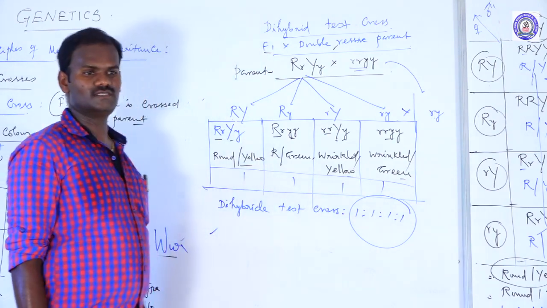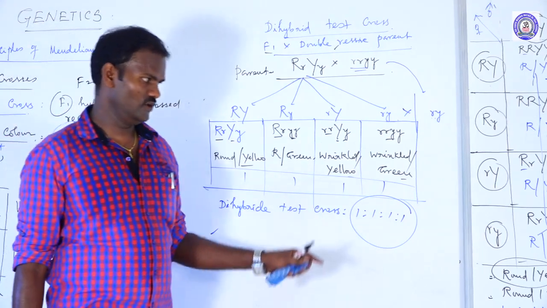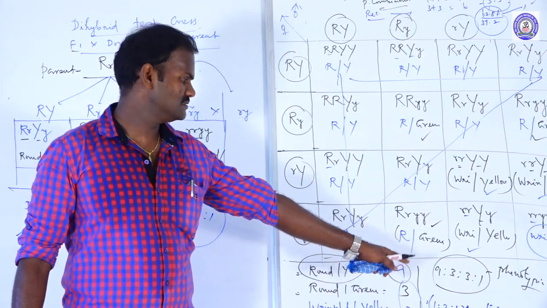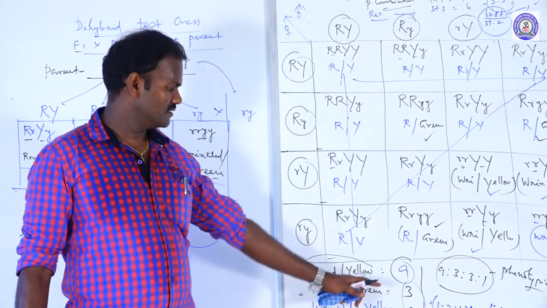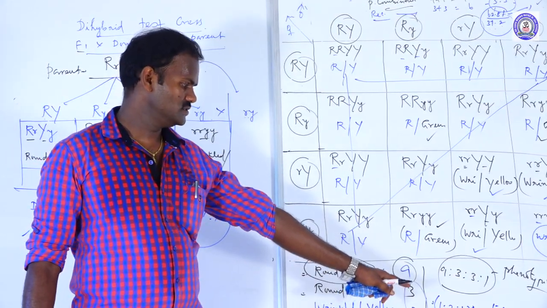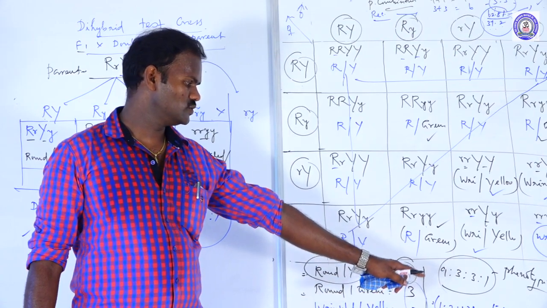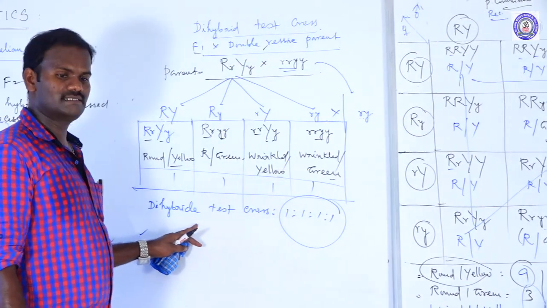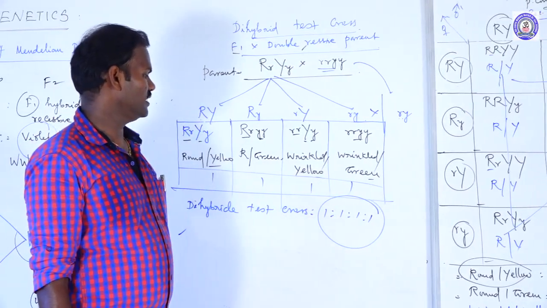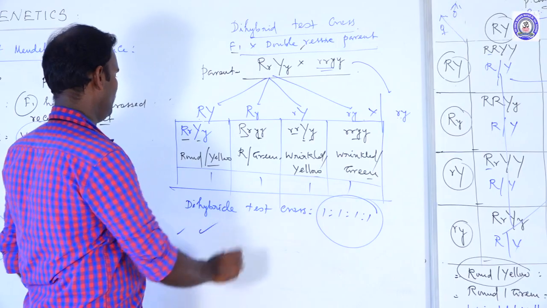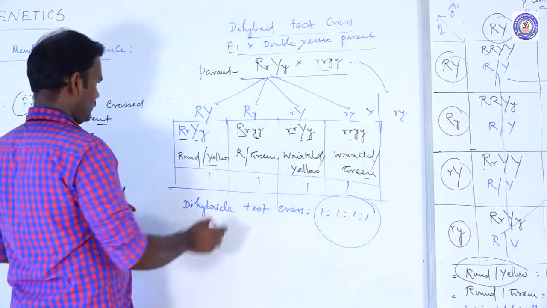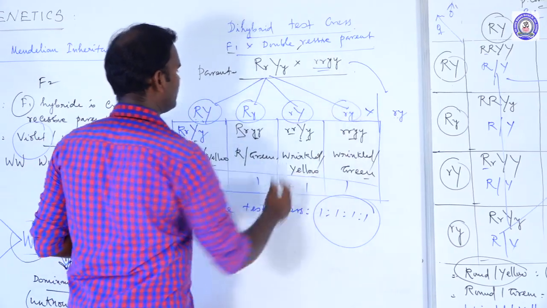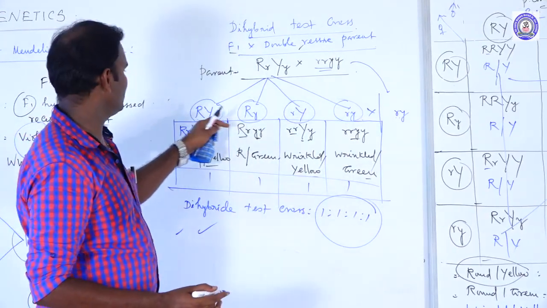So, dihybrid cross: the dihybrid phenotypic ratio is 9:3:3:1. The dihybrid genotype ratio is 1:2:1, 2:4:2, then 1:2:1. The dihybrid test cross ratio is 1:1:1:1. I mean, the four types of gametes segregate from each other.